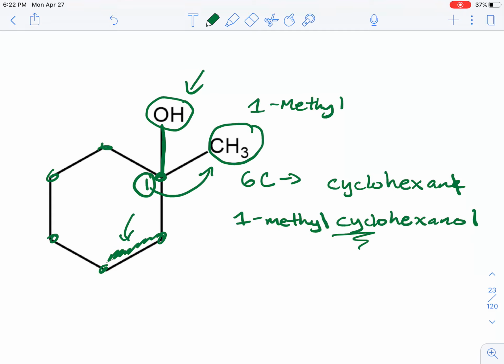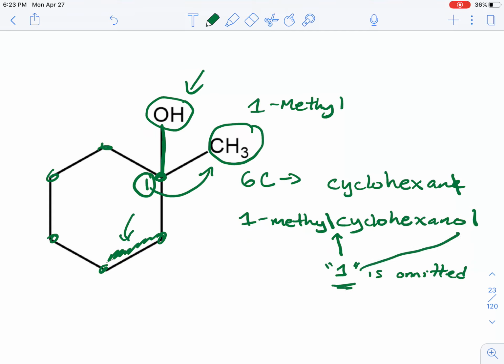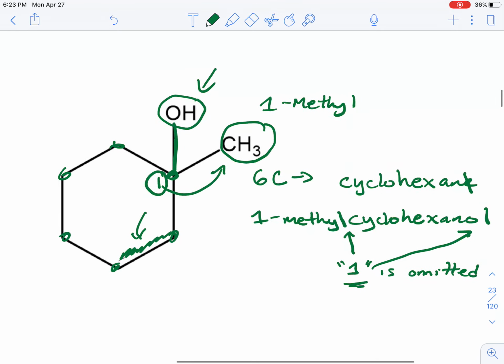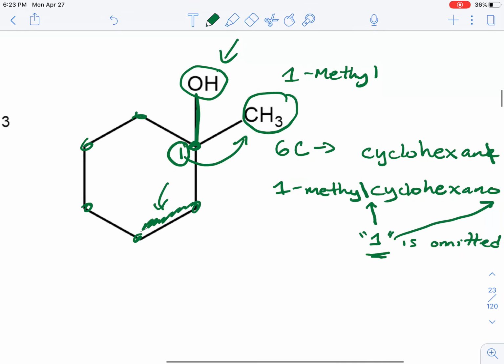One word. Once again, the 1 that's typically between the methyl and the cyclohexanol is ignored. So the 1 is omitted. That 1 was supposed to describe the position of the alcohol. For cyclic rings, we know that the alcohols always get carbon number 1.